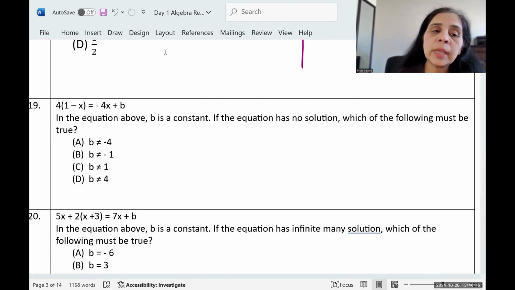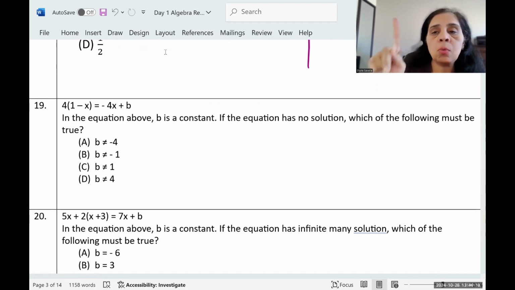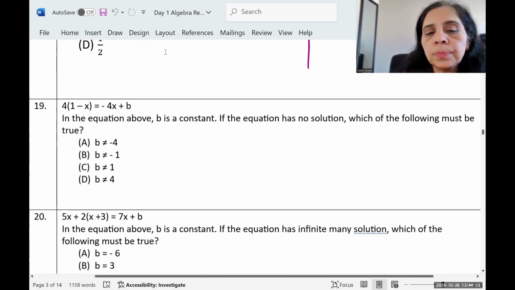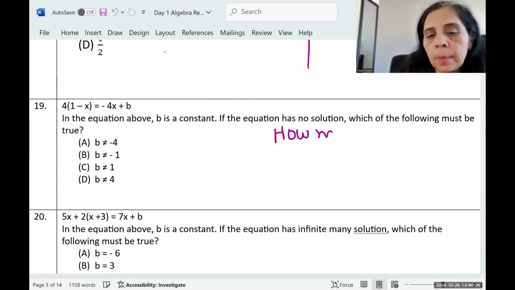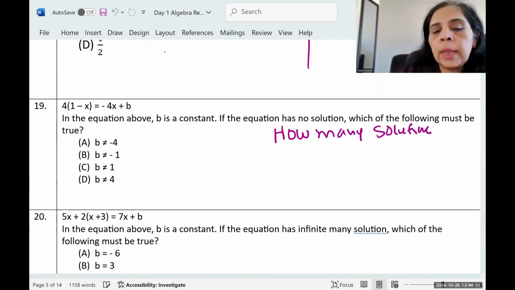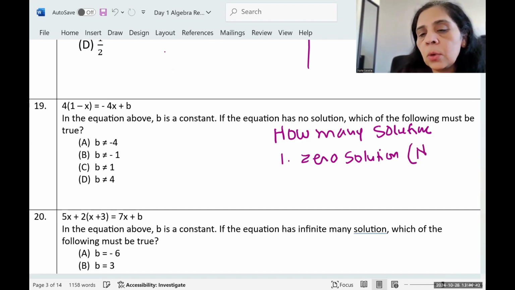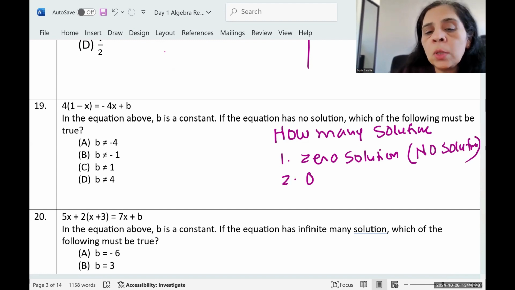How many solutions can we have? Remember this. A linear equation can have number 1, zero solutions. What does that mean? 0 is not the answer, but here it means no solution. Second, we can have one solution. And third, we can have infinitely many solutions.